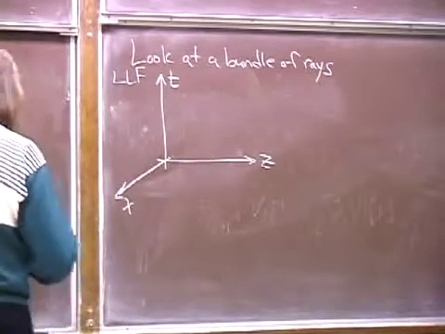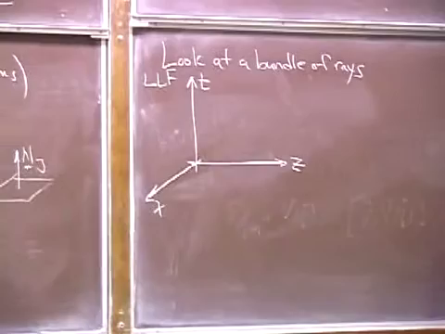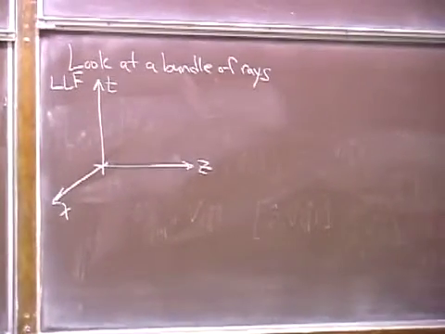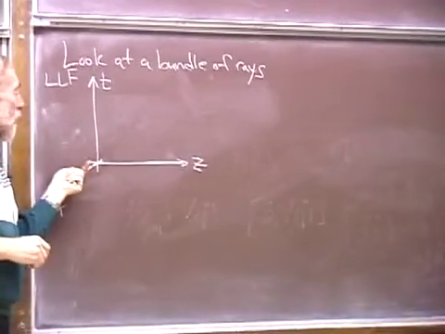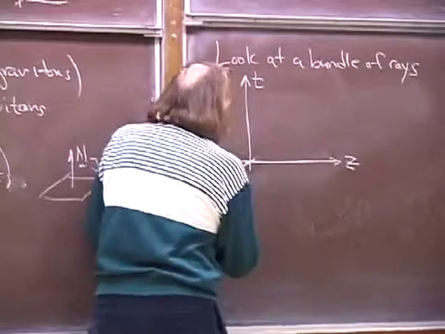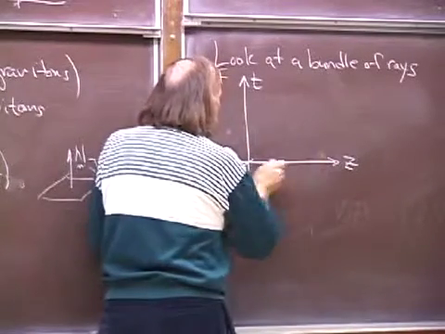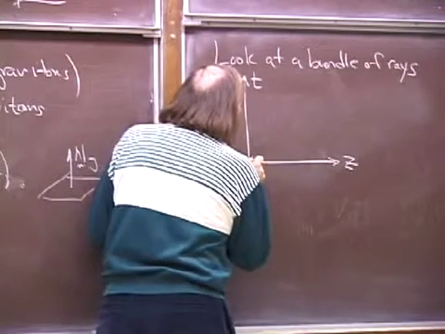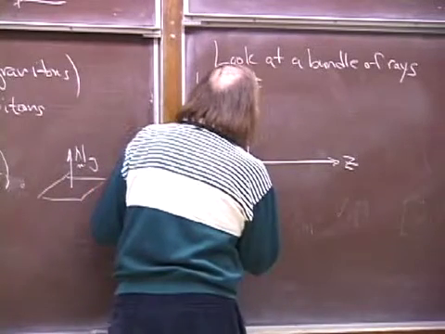Okay. And I want to draw this diagram a little bit carefully. The bundle of rays that I'm talking about is a bundle that all lies in a surface of constant phase. So let me draw a surface of constant phase. These waves are propagating in the z direction, so a surface of constant phase looks like this. It looks like that.